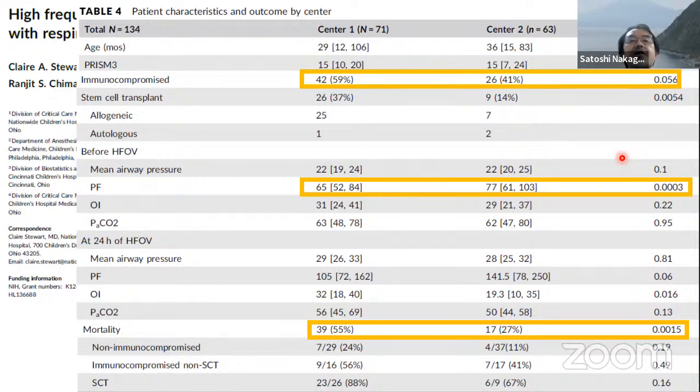And in Center 1, they tended to wait for the PF ratio to decrease further. So this may be another reason that Center 2 has the higher survival by the high-frequency oscillation, although we cannot draw a definite conclusion from this study.